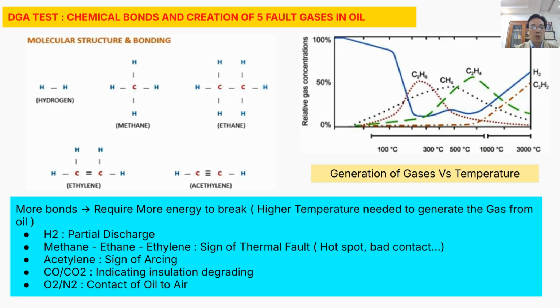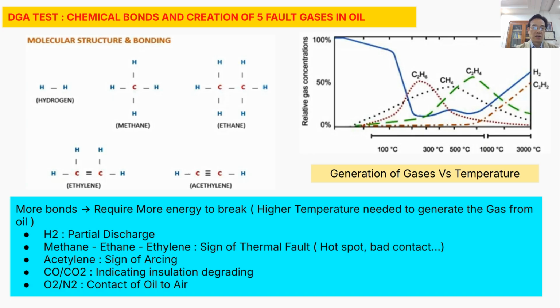Methane, we have one carbon and four hydrogen. Every carbon needs four bonds, so four bonds connect four hydrogen to one carbon, making the methane molecule. For ethane, we have two carbon and six hydrogen.